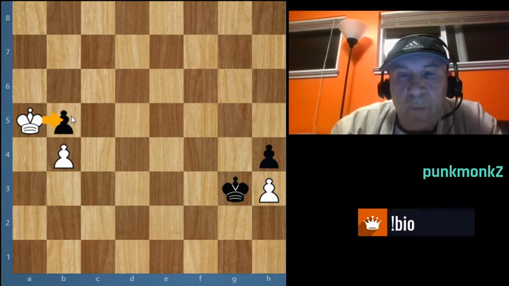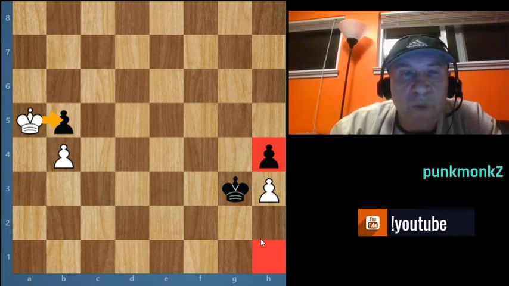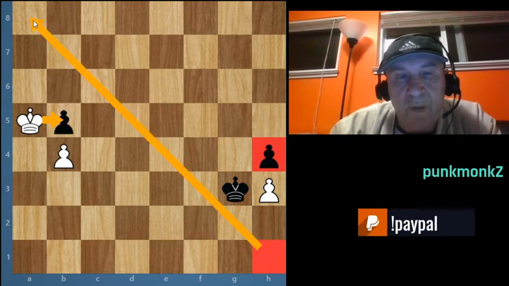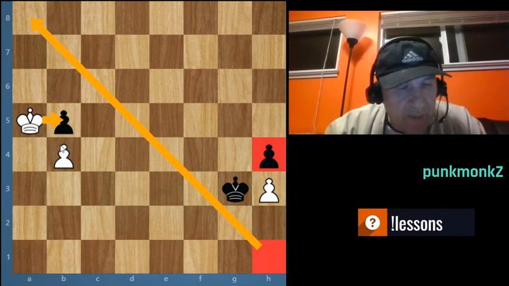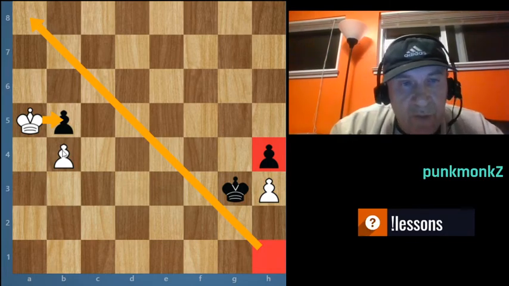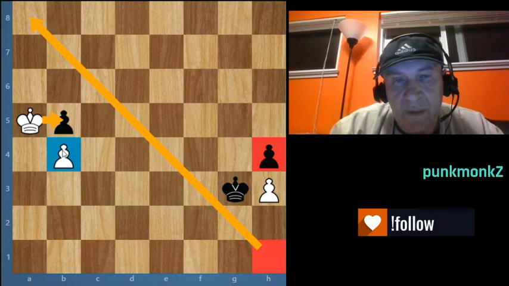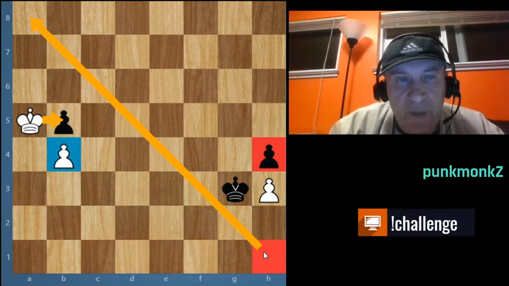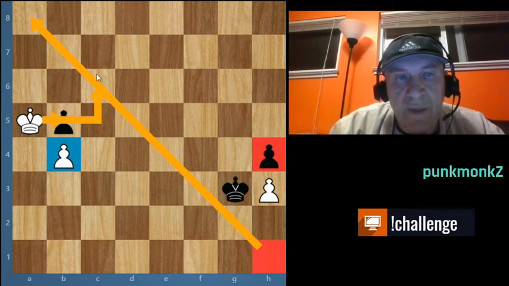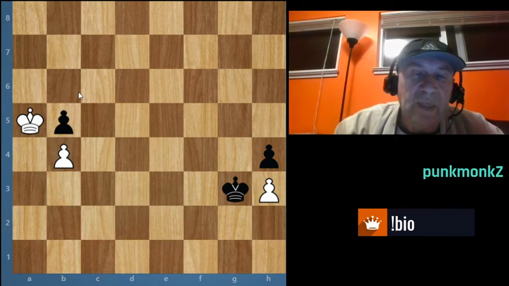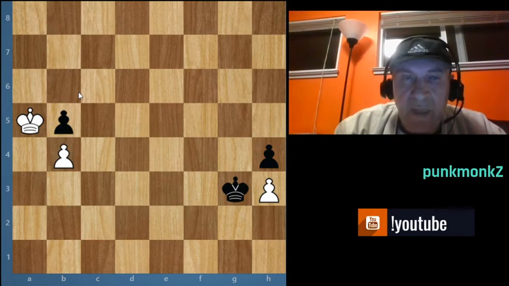We know that the A pawn is going to promote here, so we do not want the white king to be anywhere on this diagonal, because that's going to put a break on the B pawn from advancing. If the A pawn gives a check on h1 in case the king is on a white square, that'll be a no-no. So another lesson here is how to clear the pass pawn.